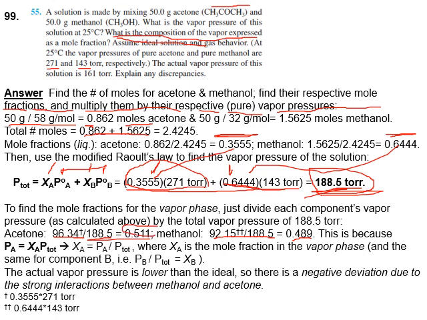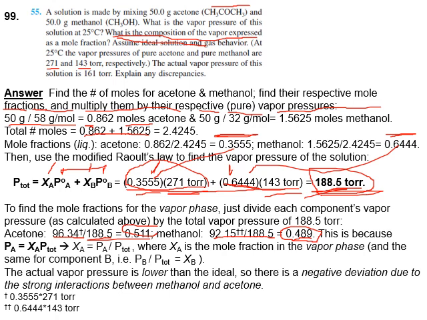And the reason is because even though there's less of the acetone here, it's much more volatile. In fact, it's twice as volatile because its pressure is 271 and the pressure of the methanol is only about 1/2 that much. So when you take that into account, it turns out that they're present in roughly the same amount in the vapor phase.